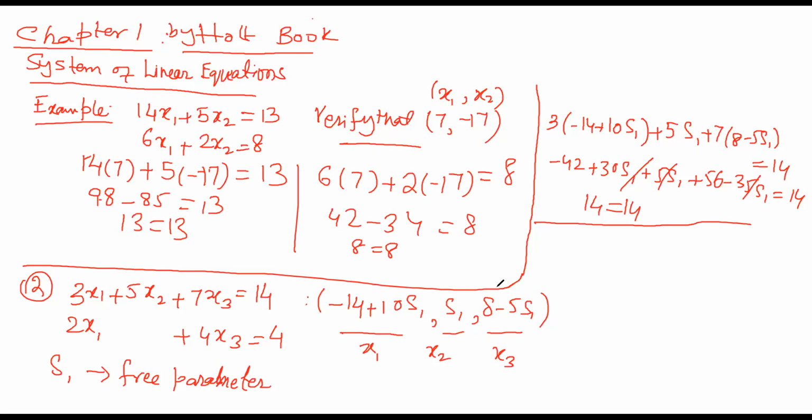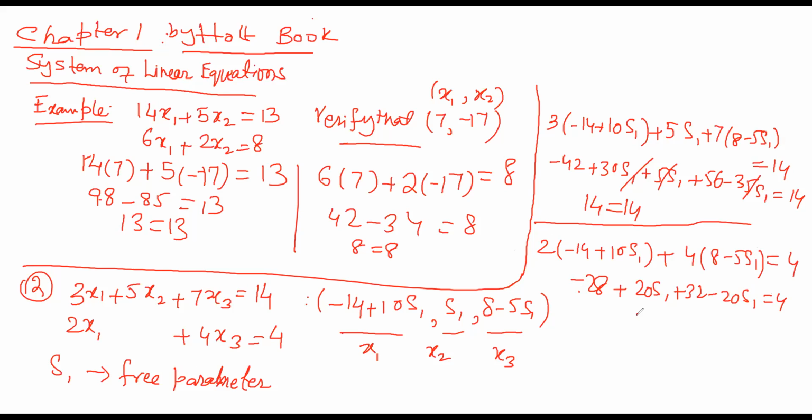So this is something which we will learn new in this course. And then for the second one, 2x1, 2 into minus 14 plus 10s1, and then plus 4x3, where x3 is 8 minus 5s1. So that is equal to 4. So indeed, it should be minus 28 plus 20s1 plus 32 minus 20s1 is equal to 4.